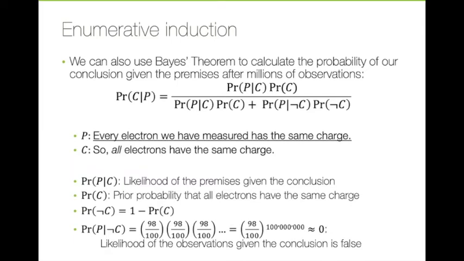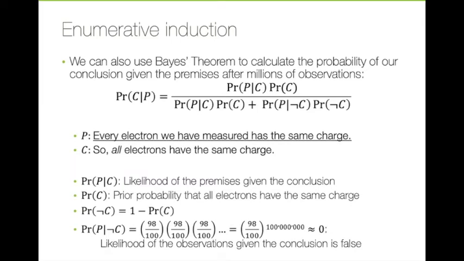This time, our premises, every electron we've measured has the same charge, account for not just 5 measurements, but over 100 million. In this case, we can essentially ignore the values of the probability of P given C, the probability of C, and the probability of not C. And we'll see why in just a second.